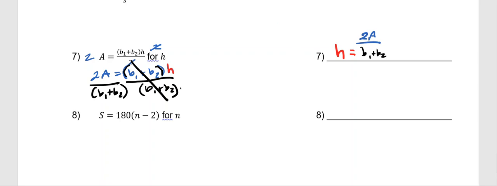Whether we keep that in parentheses or not is not all that critical. I will put it in parentheses, but without it, it doesn't change anything. To solve for H, I would need to know the area and multiply it by 2, know the length of both my bases and add them together, and then divide my doubled area by the sum of these bases to find the height.